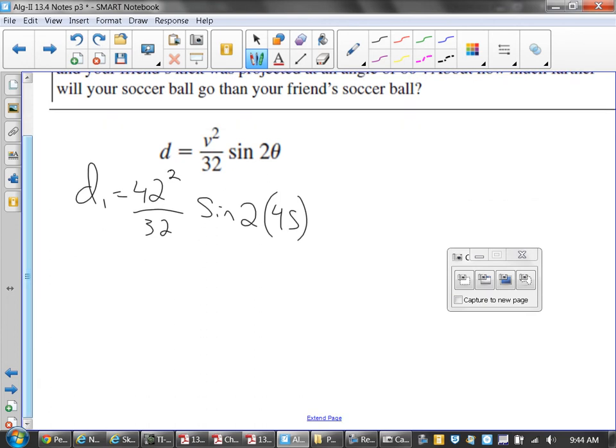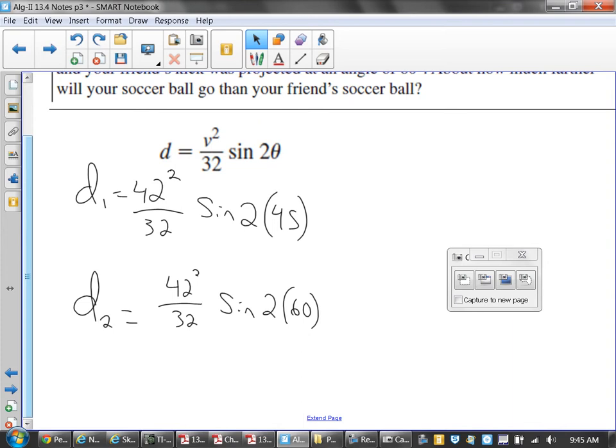You're finding the sine of 2 times 45, and then you're finding 2 times the sine of 60. So you have two different ones to work with. And again, in this case we're talking about it in terms of degrees. You don't have to worry about converting anything into radians at all.